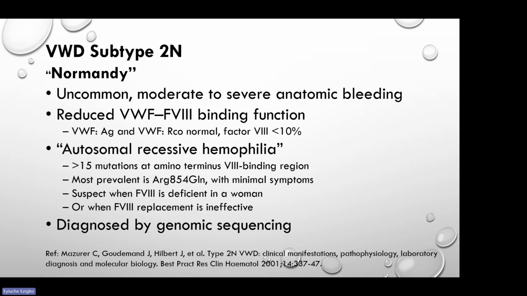There is a reduced factor 8 von Willebrand factor binding function, that is, the binding of factor 8 to von Willebrand factor is reduced because of this mutation. It is autosomal recessive.